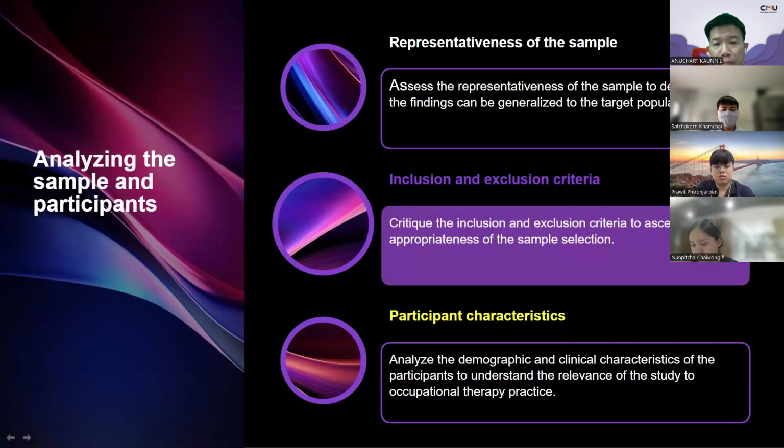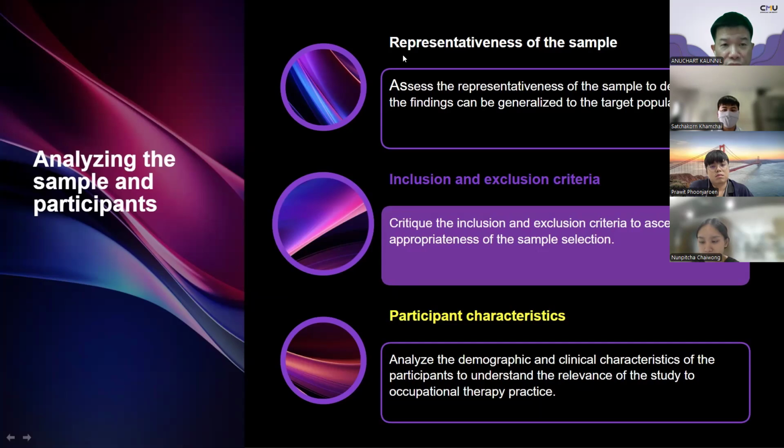Analyzing the sample and participants is very important. This includes inclusion and exclusion criteria, and representativeness: is the representativeness of the sample enough or not? Then credibility: is this a real chronic stroke client or not, or do we need only stroke in the golden period?